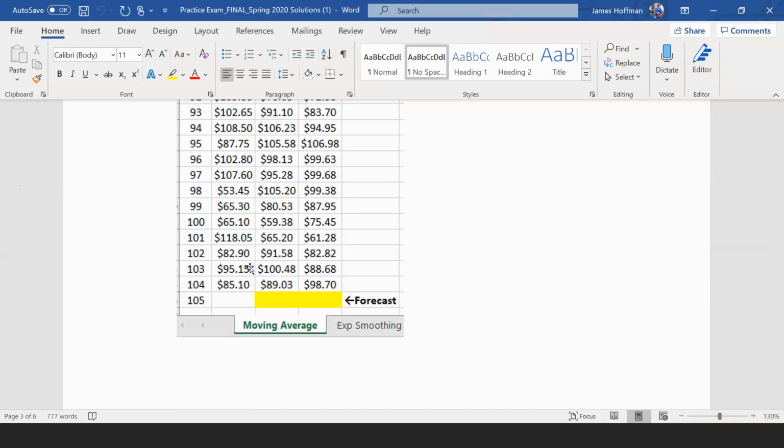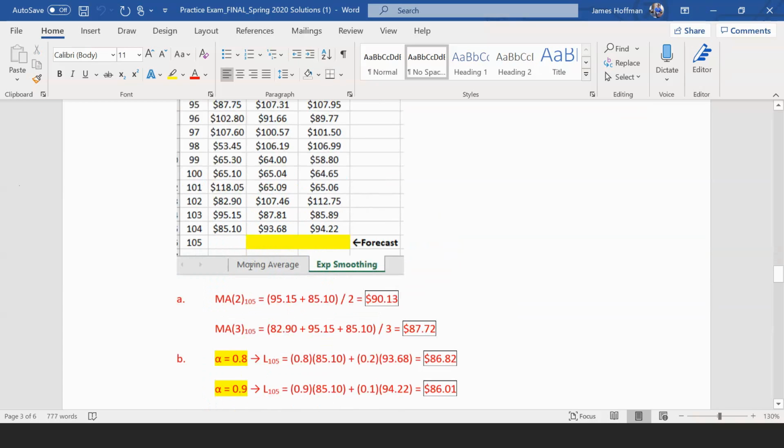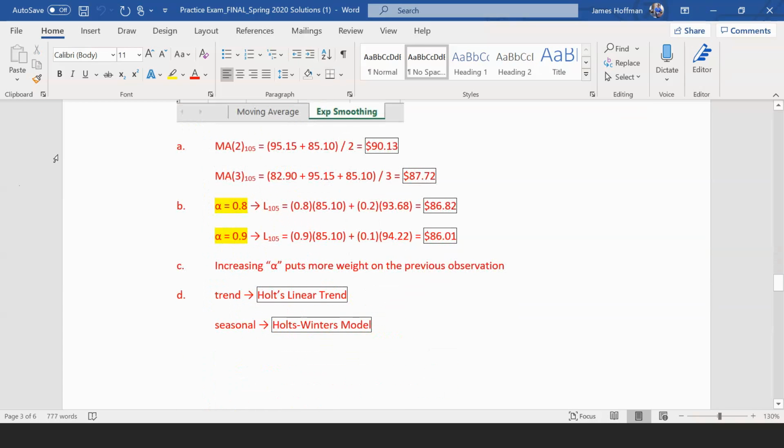So the average of week 102, week 103, and week 104 sales data. And then the average of 3 is just divide by 3, and it gives you a moving average of about $87.72.